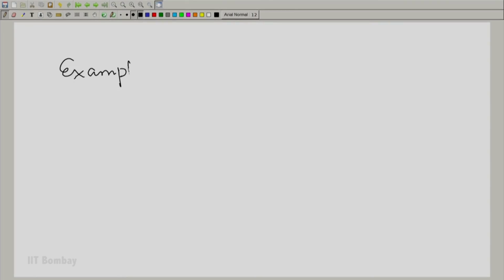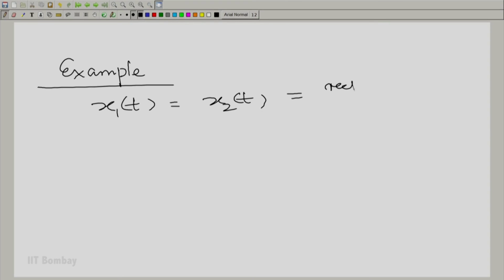So, the example that we are going to take is as follows: x1(t) is equal to x2(t) and it is equal to a rectangular pulse.